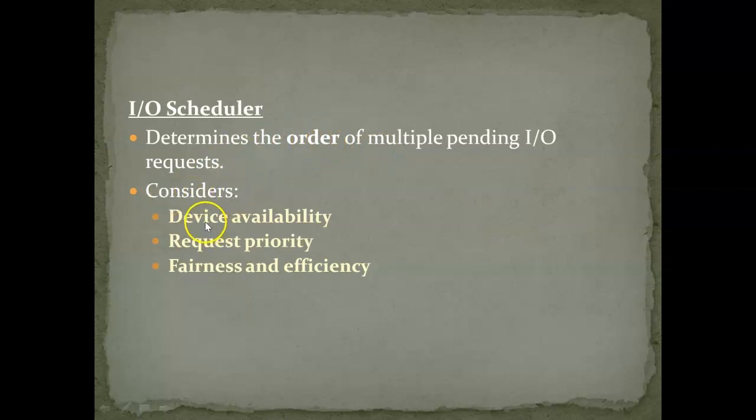So usually it considers the device availability, whether the devices are available for the request, that is input or output requests. Next is request priority, and based on what algorithm that priority is there, whether the process came first. If it is FCFS, first come first serve, based on the algorithms, fairness and efficiency. So every process is getting the resources on time, and some resources not using it for more time, and the other one is not getting.